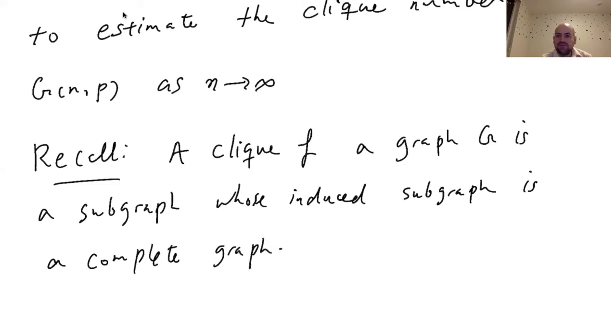So basically, if you have a copy of a complete graph inside your graph, we would call that a clique. And if you have a copy of a complete graph with, let's say, k vertices, we can say we have a clique with k vertices. Let's say if you have a graph, for example, and you have a triangle inside it, that means you have a clique with 3 vertices, and so on.